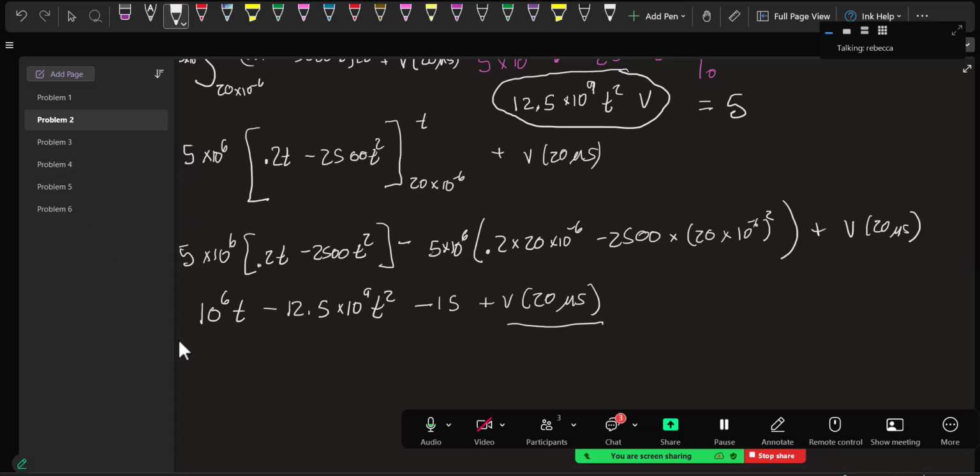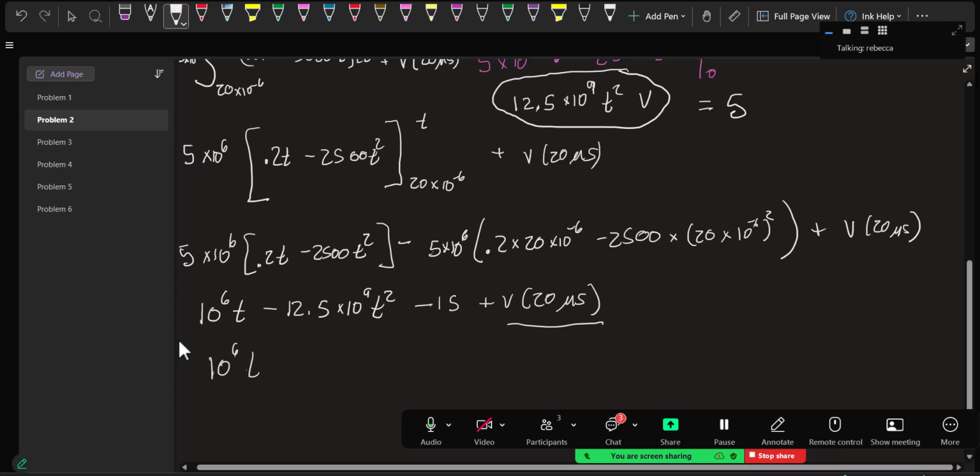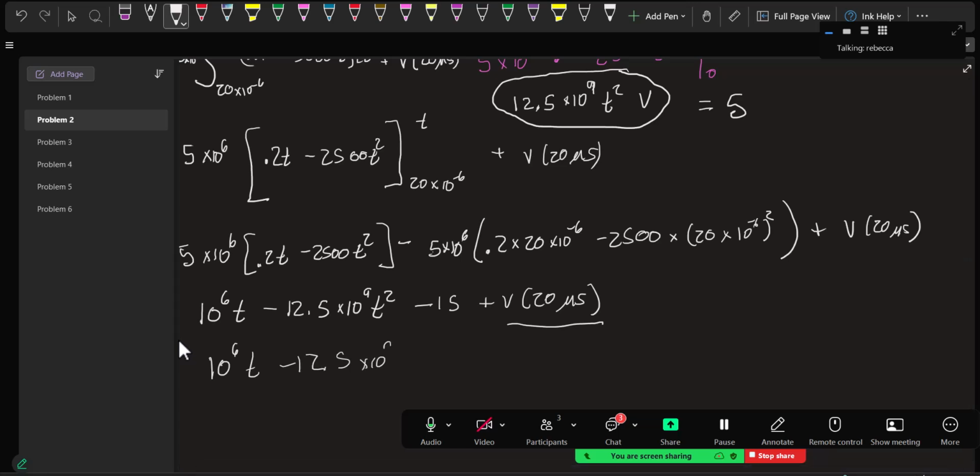So this then becomes 10 to the 6 t minus 12.5 times 10 to the 9th t squared, minus 15 plus 5, which is minus 10 volts.